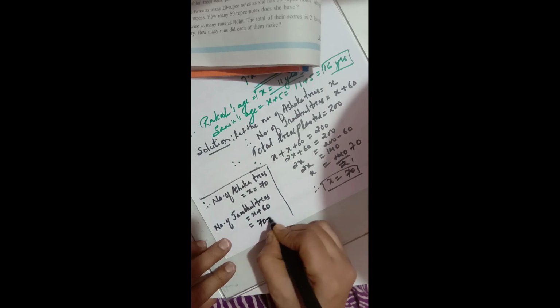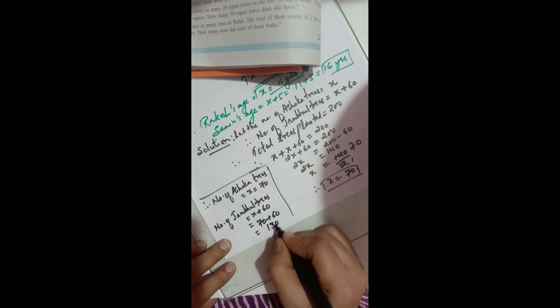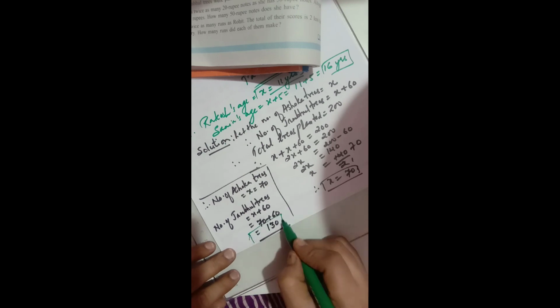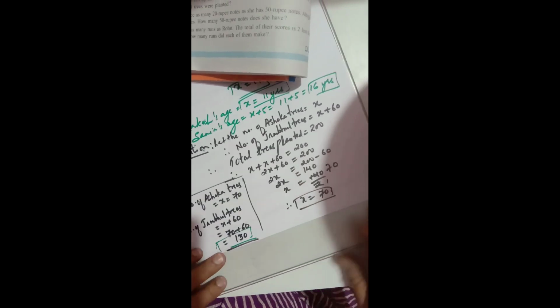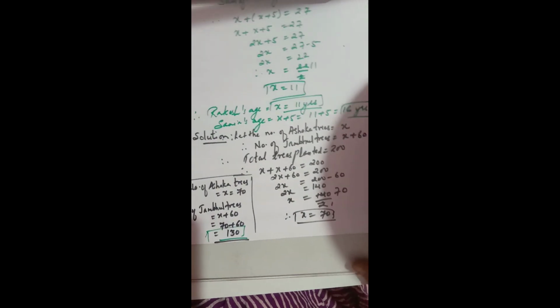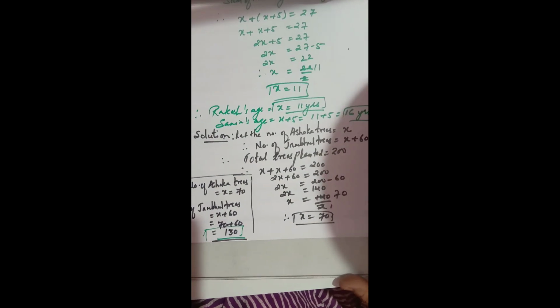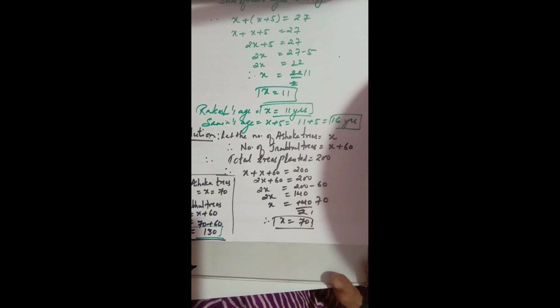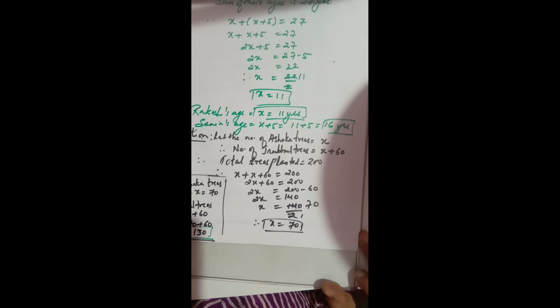So it is 70 plus 60, that is equal to 130. Now if you want to verify the answer, you can add 130 plus 70 and that is equal to 200. So the total number of trees planted was 200, which we have verified through the solution.